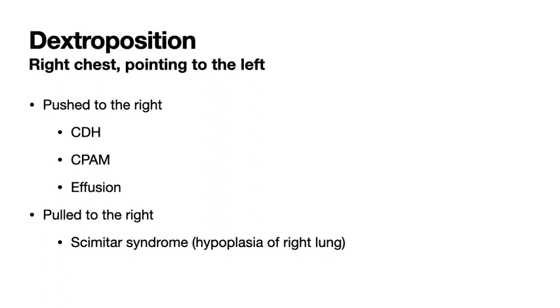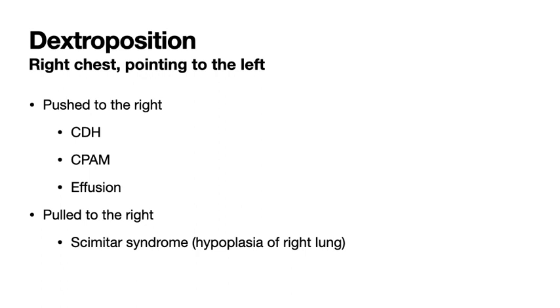Dextroposition. Remember, dextroposition is one of the types of dextrocardia. Dextrocardia means the heart is mostly in the right side. Dextroposition means it's in the right side, but it's still pointing to the left, like a normal heart. And why would that be? Well, maybe there's something over in the left chest that is pushing it there.